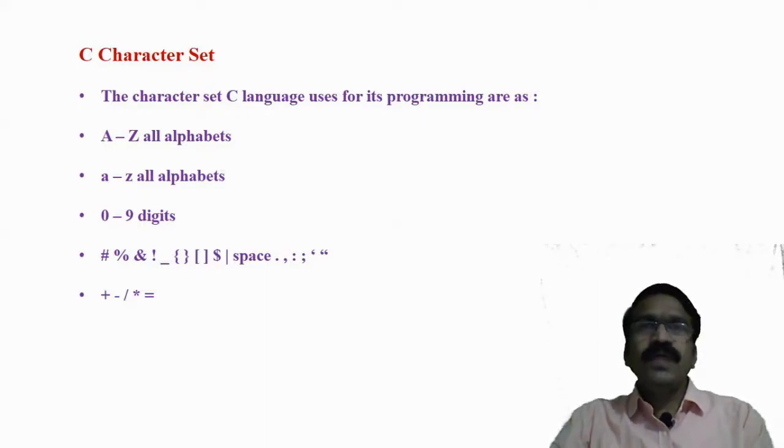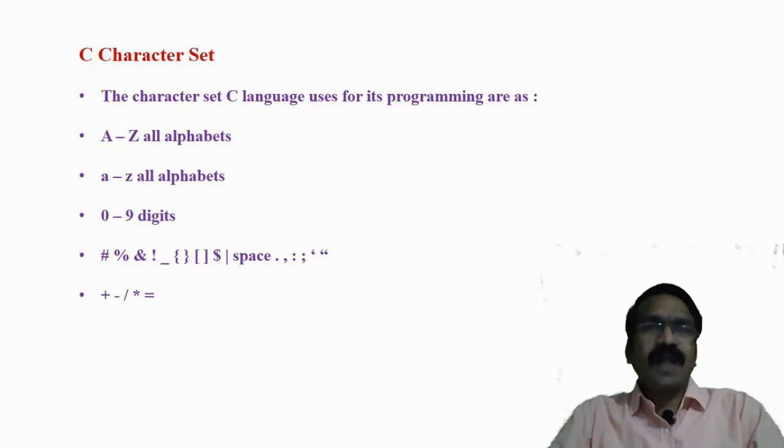Within that, only hash, percent, ampersand, exclamation, underscore, curly brace, square bracket, dollar, pipe, blank space, dot or full stop, comma, colon, semicolon, single quote, double quote, plus, minus, slash, star and equal. These special symbols are used in C language. These are the character set of the C language.